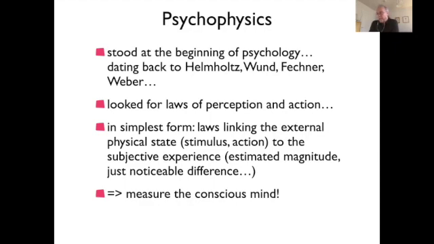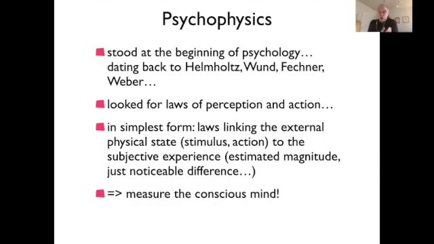These were laws that linked external physical stuff, the intensity of a stimulus or certain parameters of an action, to essentially the subjective experience, measured by having participants estimate the magnitude of a stimulus, deciding if two things were the same or different, so measuring the just noticeable difference between stimuli and so on.